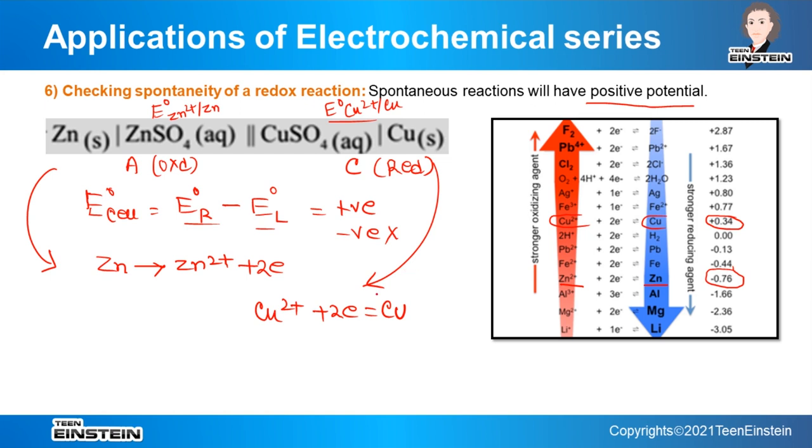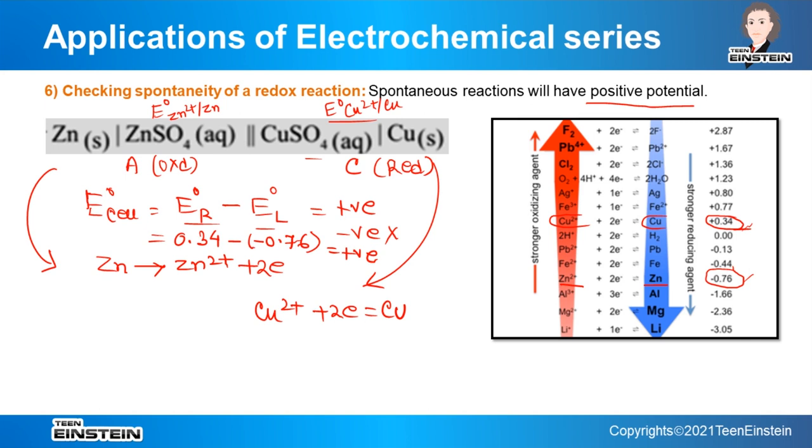Actually, you don't even have to do the calculation. Just by looking at these two values you can easily understand whether this reaction is possible, because copper is more electropositive, so it will act as the cathode, and it is already on the cathode side. If we do the calculation, it will be 0.34 minus 0.76, so this minus will be positive, so obviously this value is positive. So this reaction is spontaneous, right?